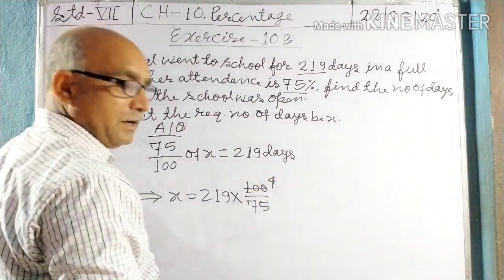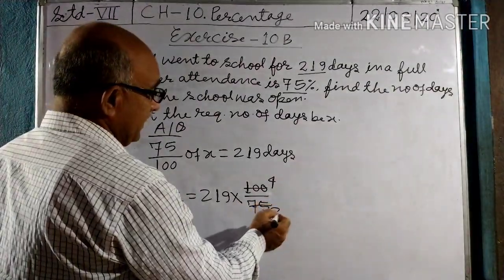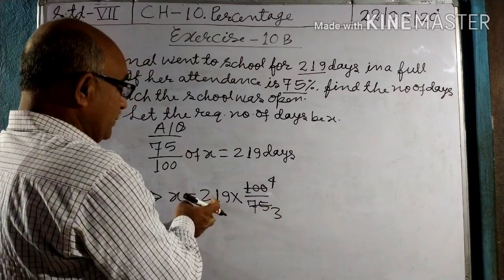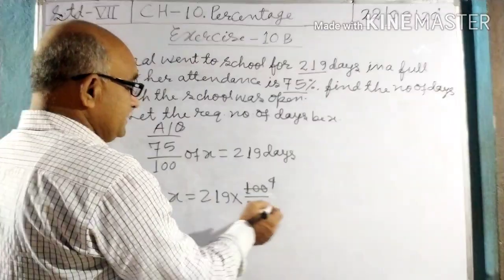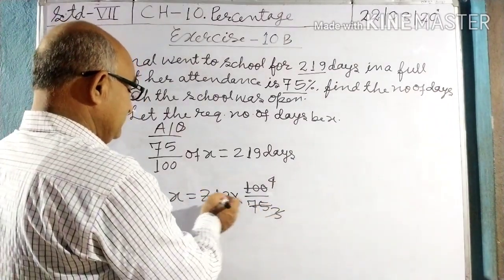25 fours are 100 and 25 threes are 75. 2 plus 1, 3, 3 plus 9, 12. 219 is divisible by 3.